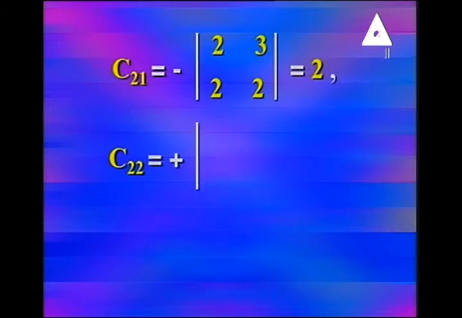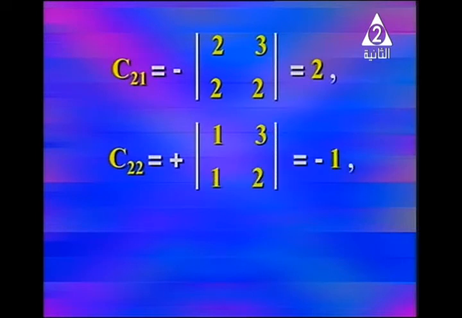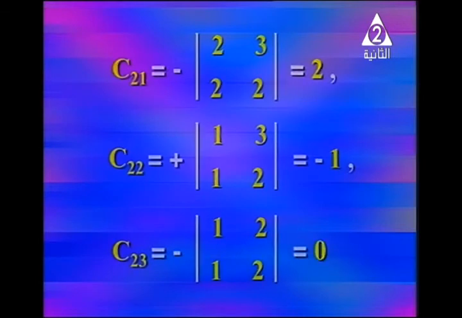Determinant 2 times 2 is 4, minus 6, equals negative 2. Negative times negative equals positive 2. C22 means second row, second column, determinant 1 3 1 2 equals 1 times 2 minus 1 times 3, equal to negative 1. Also C23, negative 1 multiplied by determinant 1 2 1 2 equals 0.